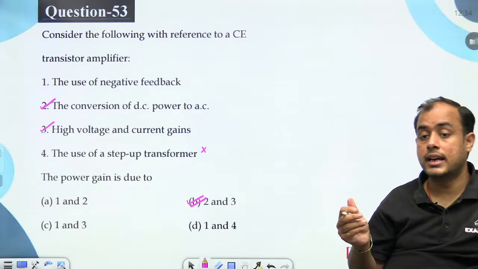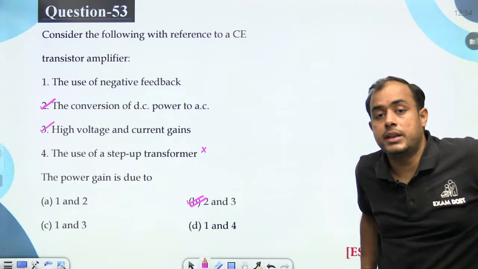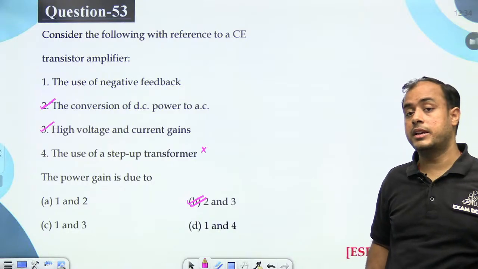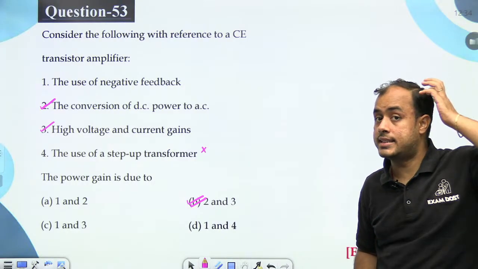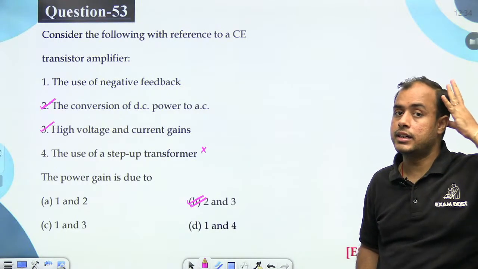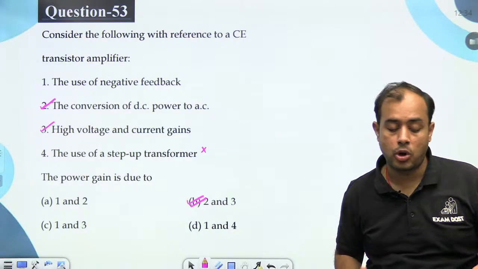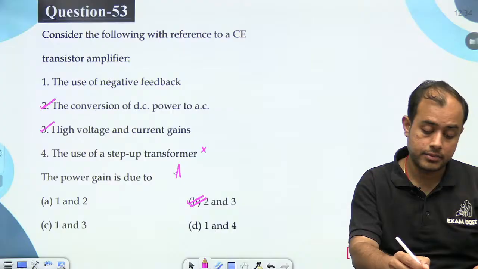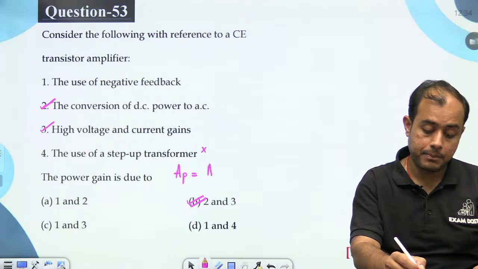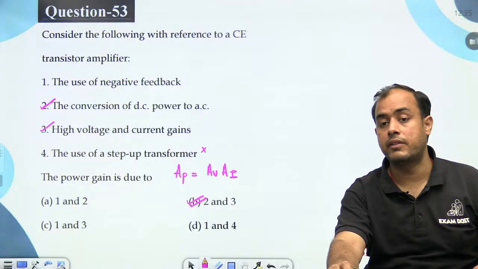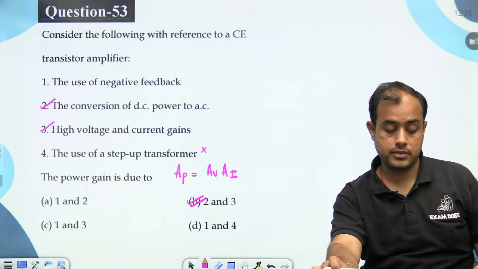Power gain इसलिए होता है जो DC biasing वाली पावर होती है ना बेटा. So the power gain is because the power from the DC supply gets converted to AC. And since the voltage and current gain product is equal to power gain. Amplifier का power gain आता ही बेटा इसलिए because your DC power gets converted to AC.